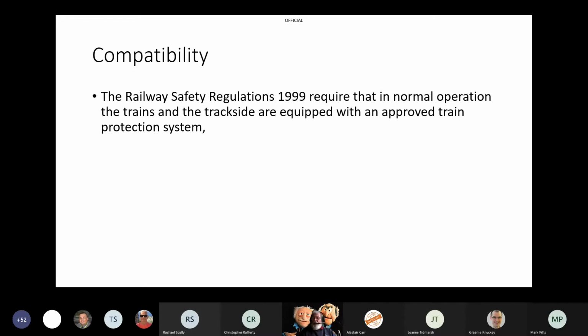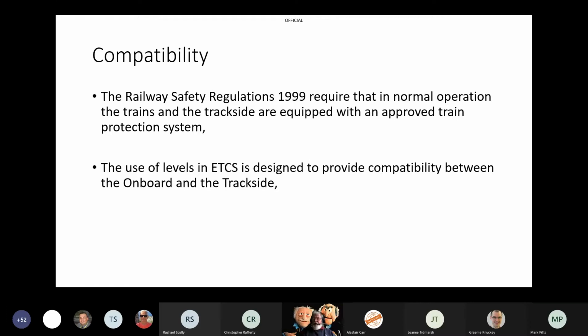Both the railway undertakings and the infrastructure managers are required under the Railway Safety Regulations 1999 that in normal operation, trains and trackside are equipped with an approved train protection system. Those regulations arose from the two accidents outside Paddington at Southall and Ladbroke Grove, and it is the basis for TPWS to have been introduced.